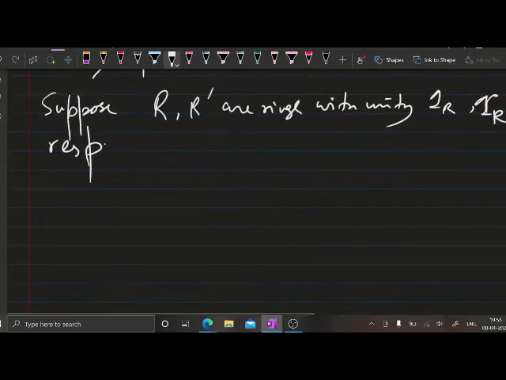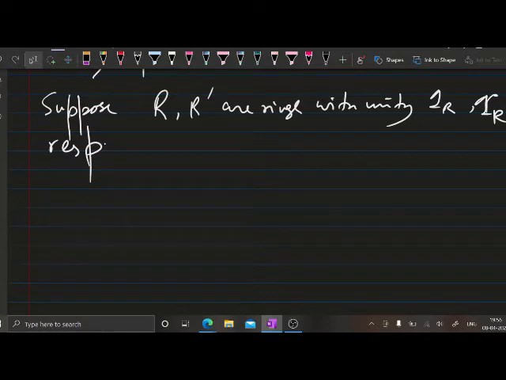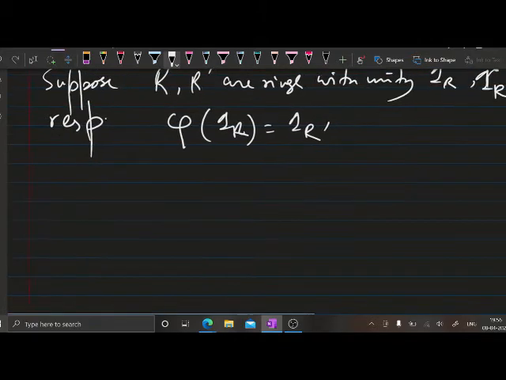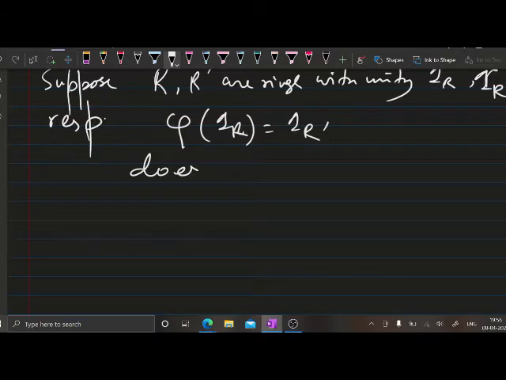Now one may be tempted to prove that phi of 1R is equal to 1R dash. But this doesn't hold in general. This is not true.